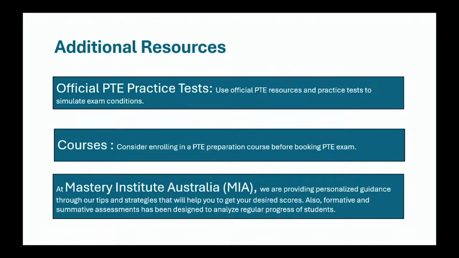Every test is 2 hours, and every test is different, so you can practice before going for the actual exam. Once you do that test, a score report will be available as well, the same as in a real exam. That can show you where you are, and if you're still lacking in any of the tasks, you get more time to prepare, and then you can go for booking your actual exam.